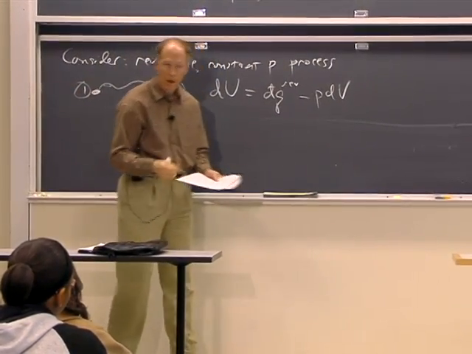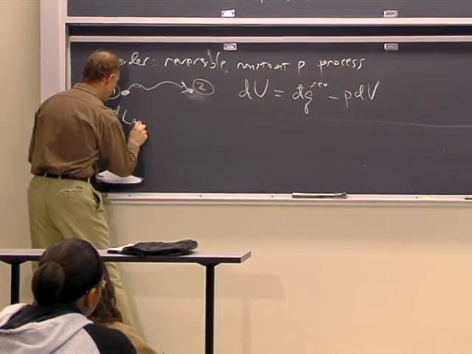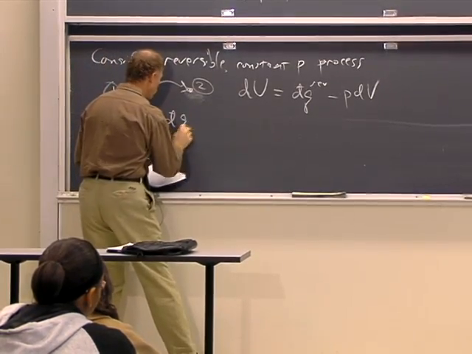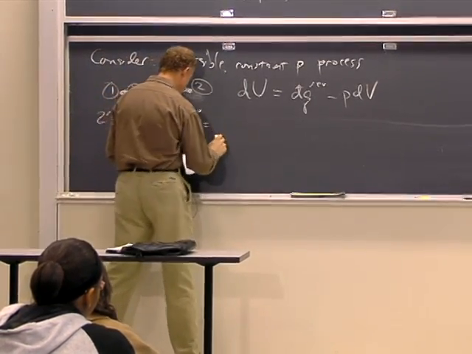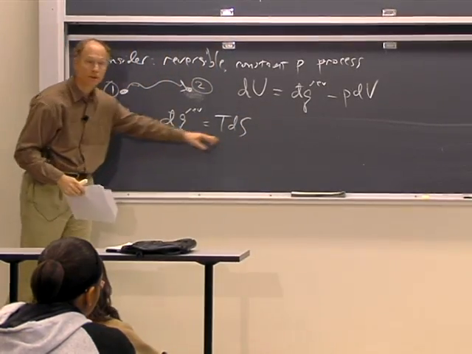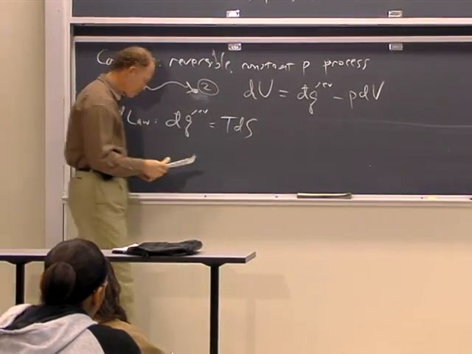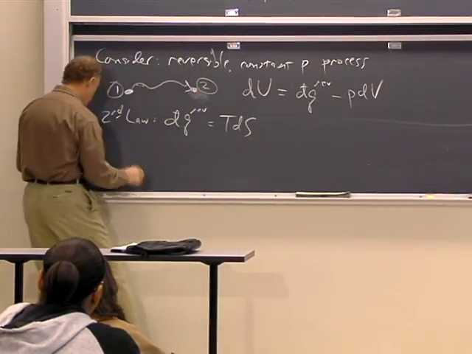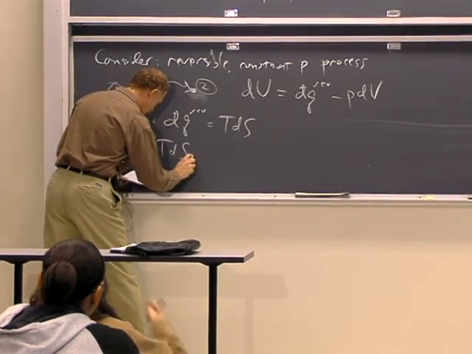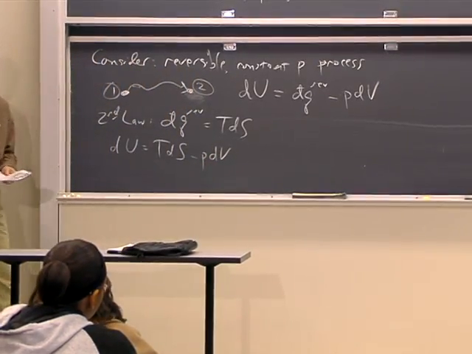From the second law, we know that we can write dq reversible as T dS, right? dq over T is dS, our entropy. So we can write dU is T dS minus p dV, right?